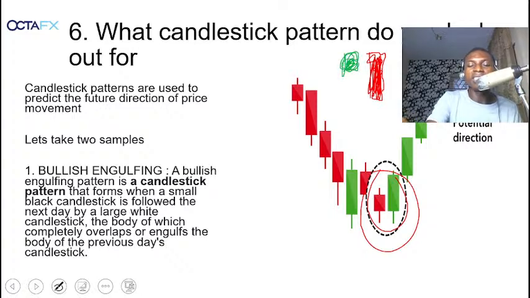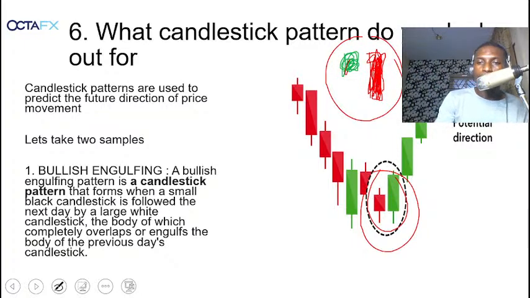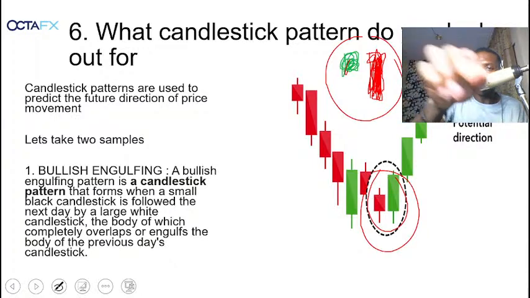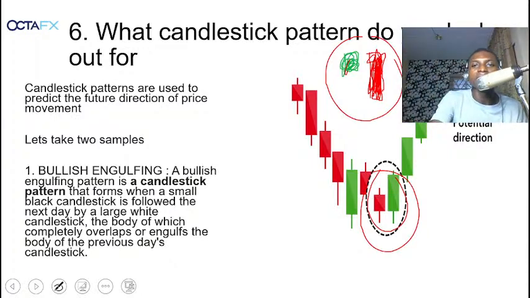This signals a continuous fall in price, right? When a bearish candle engulfs a previous bullish candle, or a previous candle, either red or green. Do you get it? Awesome.